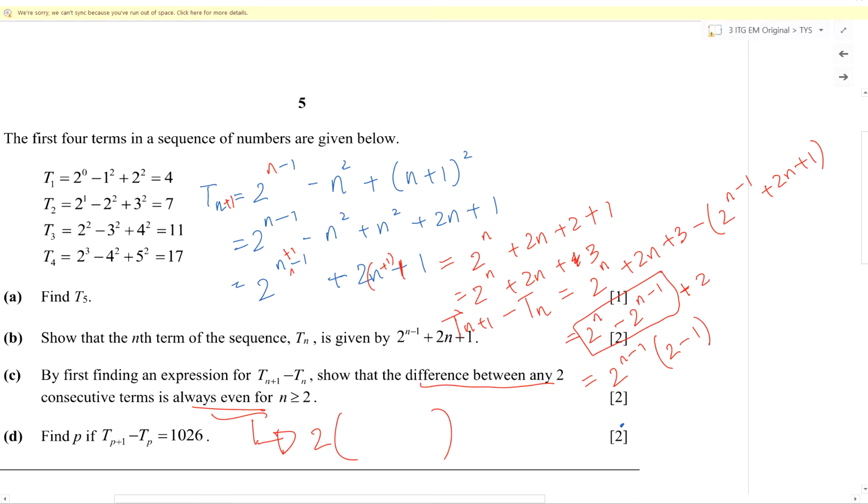Happy to see this? 2 minus 1 is 1, right? 1 times 2 power n minus 1 is 2 power n minus 1. So here we plus 2. From here, 2 power n minus 1 plus 2. I'm sure you can continue and factorize out and express it in the form like this already, yes? Then we prove that it is an even number.